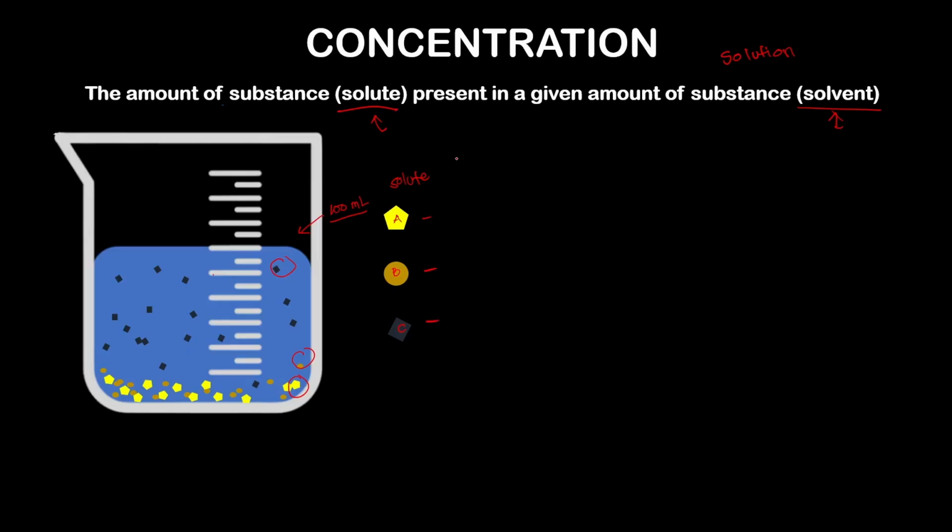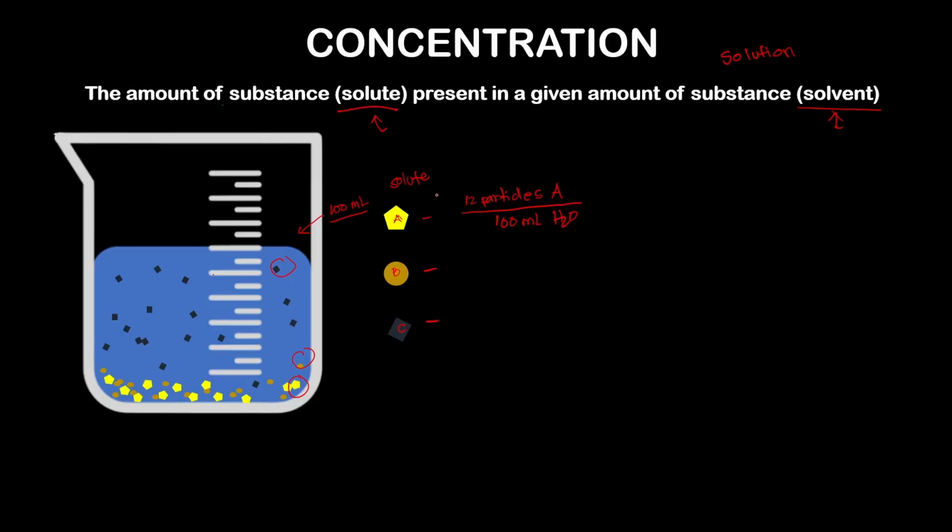For example, let's count the amount of particle A. Particle A is 1, 2, 3, 4, 5, 6, 7, 8, 9, 10, 11, 12. So there are 12 particles. This is just an example, okay? 12 particles of A per 100 ml of water.